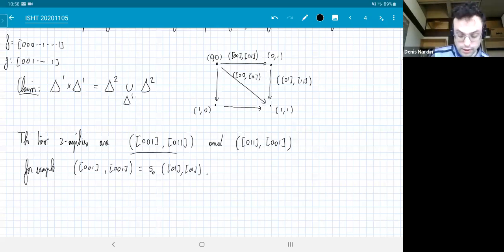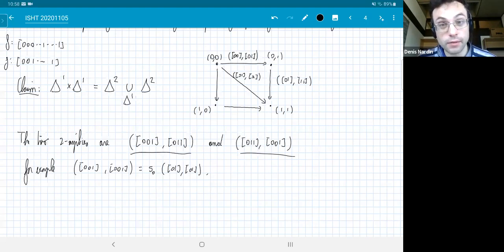But there are two non-degenerate 2-simplices, which is surprising at first because in delta 1, all 2-simplices are degenerate, as you can easily verify. But when you take the product, two non-degenerate simplices pop out magically, even if both of their components are degenerate.